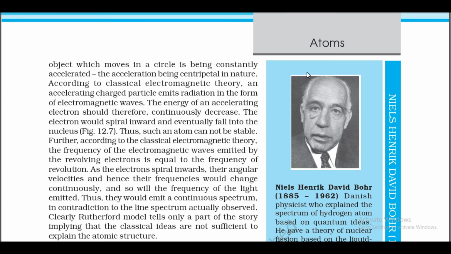Thus, they would emit a continuous spectrum, in contradiction to the line spectrum actually observed. Clearly, the Rutherford model tells only a part of the story, implying that the classical ideas are not sufficient to explain the atomic structure.